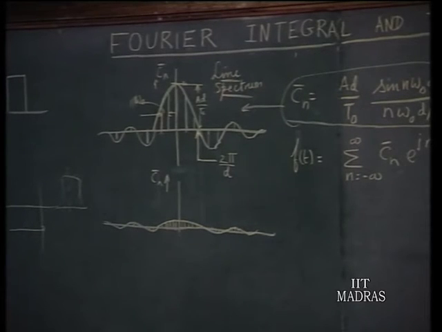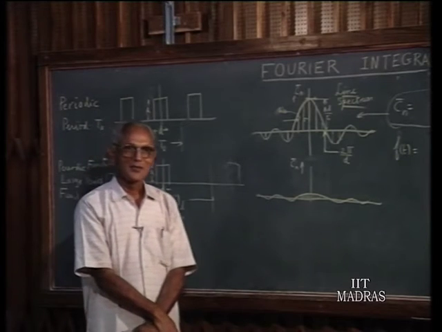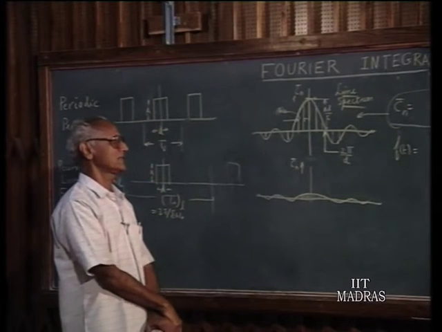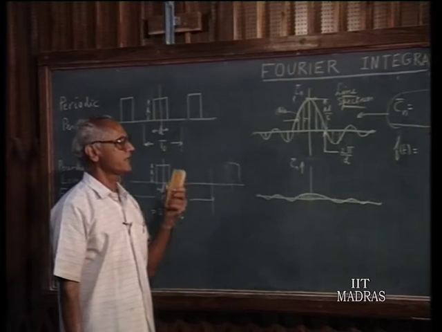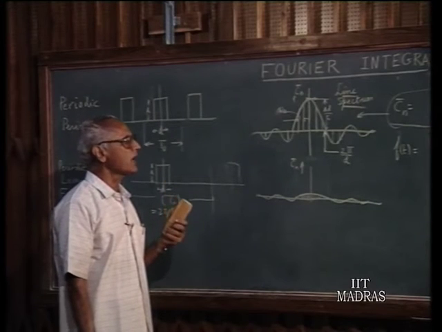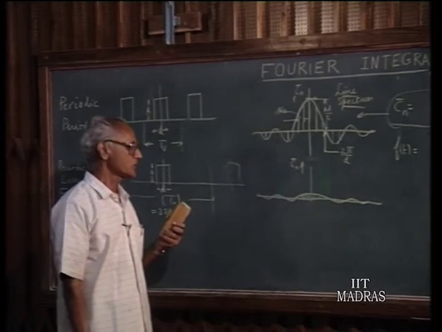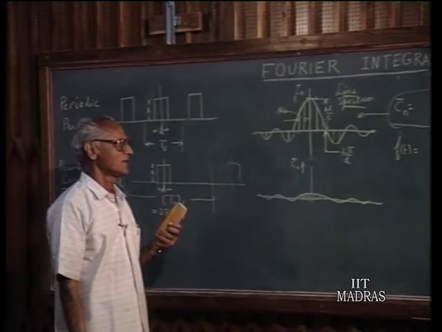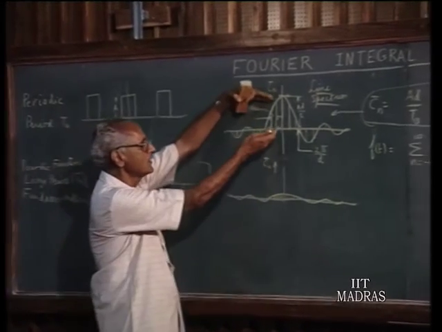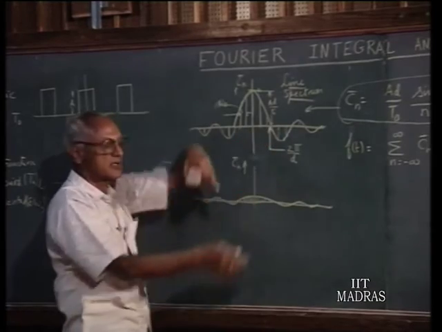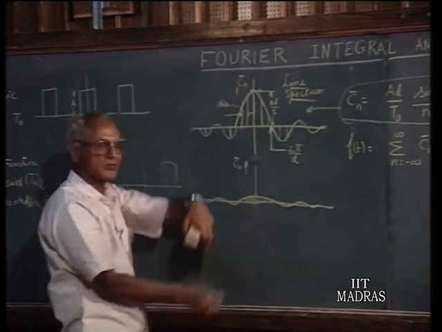Now, what we really want to know is what happens when T naught goes to infinity, because we want to treat an aperiodic function as a function of infinite period. So, if T naught becomes infinitely large, then obviously this whole thing crashes down to a horizontal line, because the amplitude becomes 0.